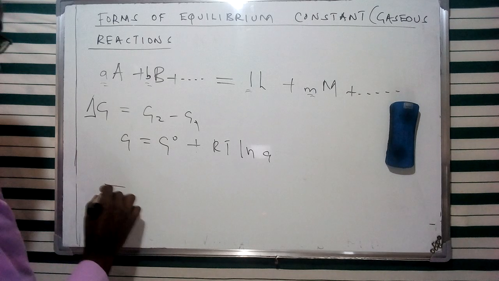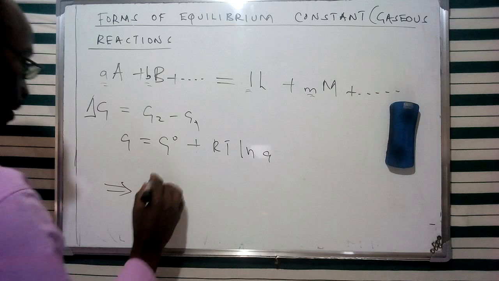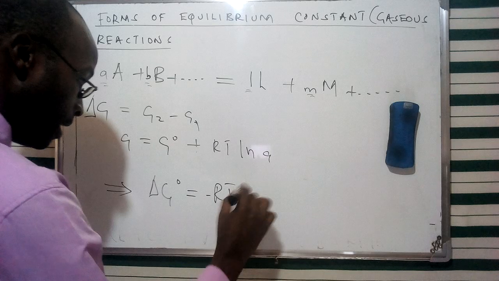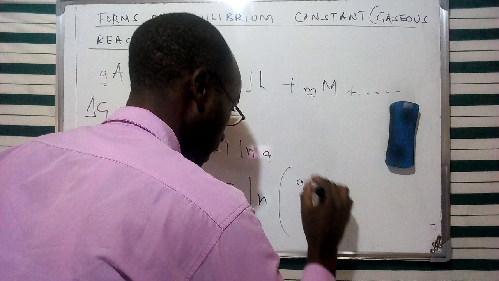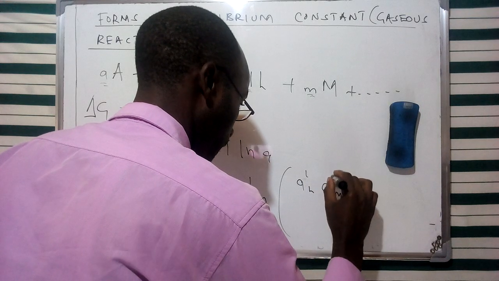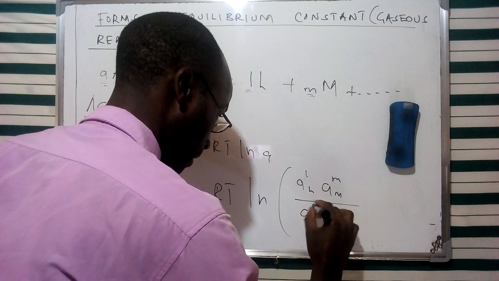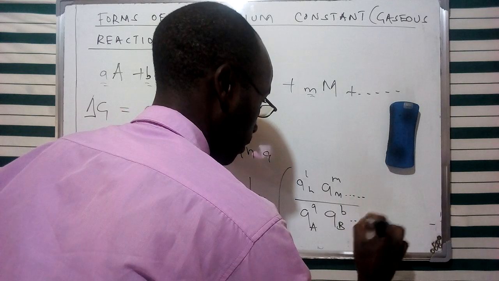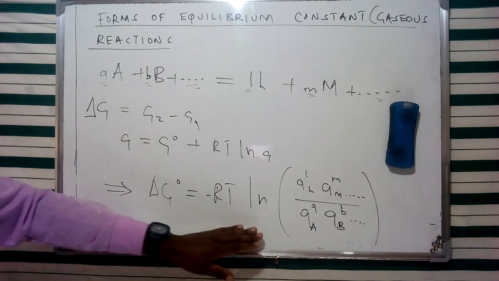So we had generally said that this aspect of the equilibrium constant can be given in the form of an equation, whereby delta G naught is equivalent to negative RT natural log of the activity coefficients for A, L, A, M, all over A, A, A, B, and these coefficients can go on in that order for any other coefficients which may be present.